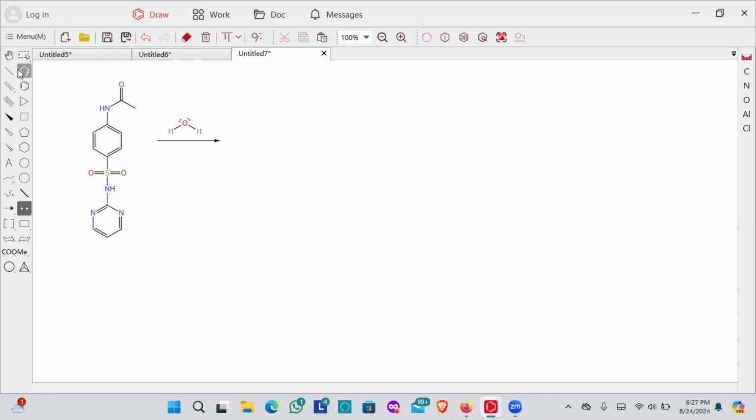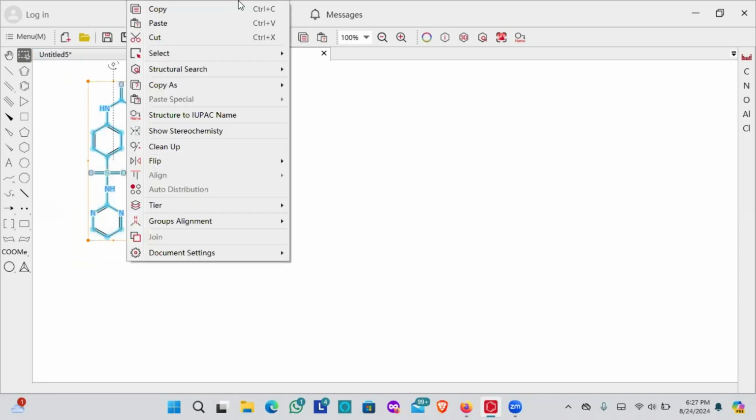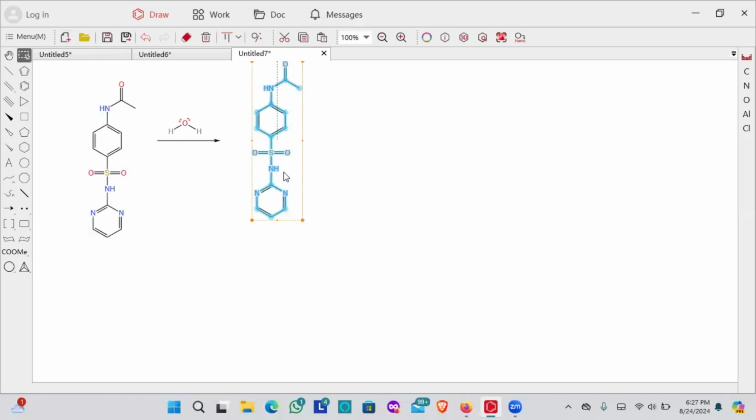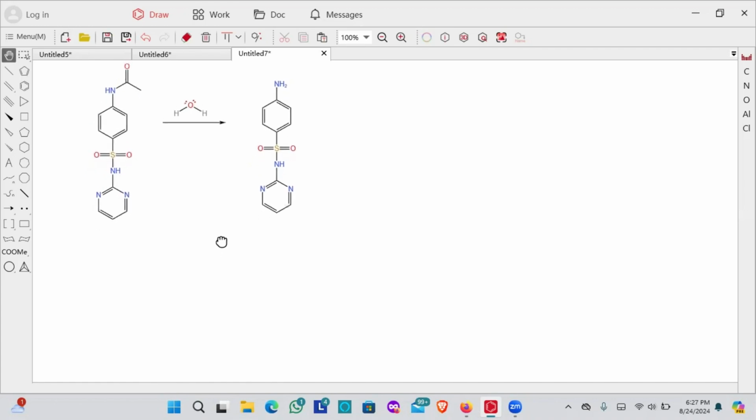And let's show the final product it's going to look like. Sulfadiazine, of course. Now we're going to show the step-by-step mechanism involved. Let's move this a little bit upward and show the step-by-step mechanism involved.